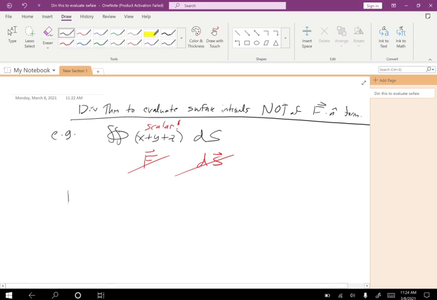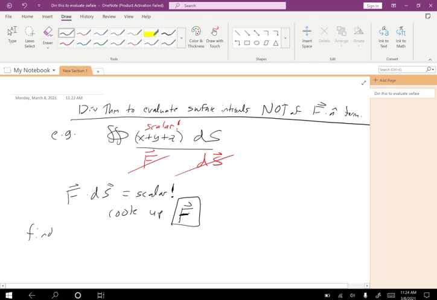The key observation is that f dot ds is also a scalar. So you can actually cook up an f to make it equal to this expression.